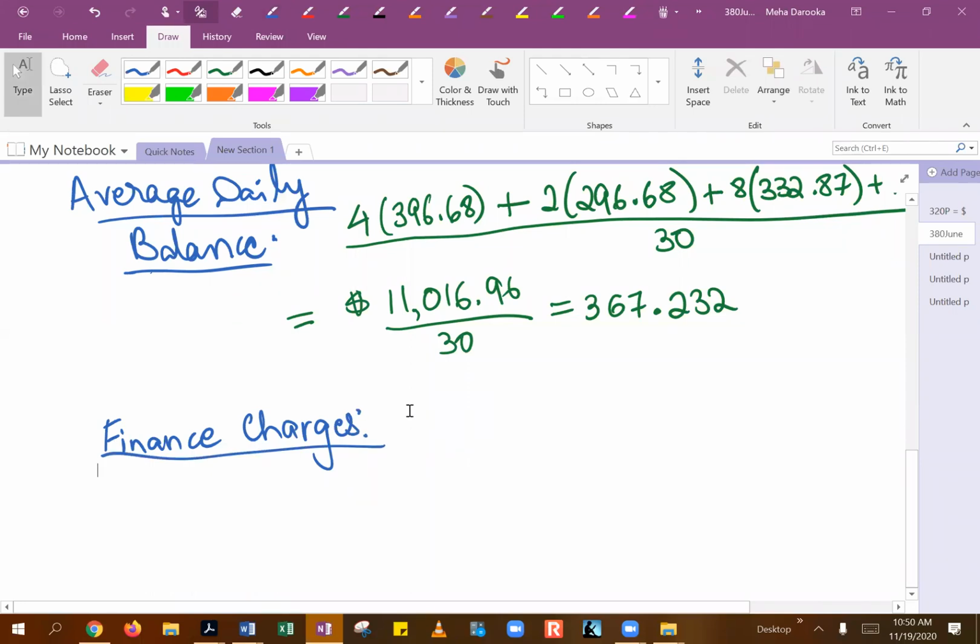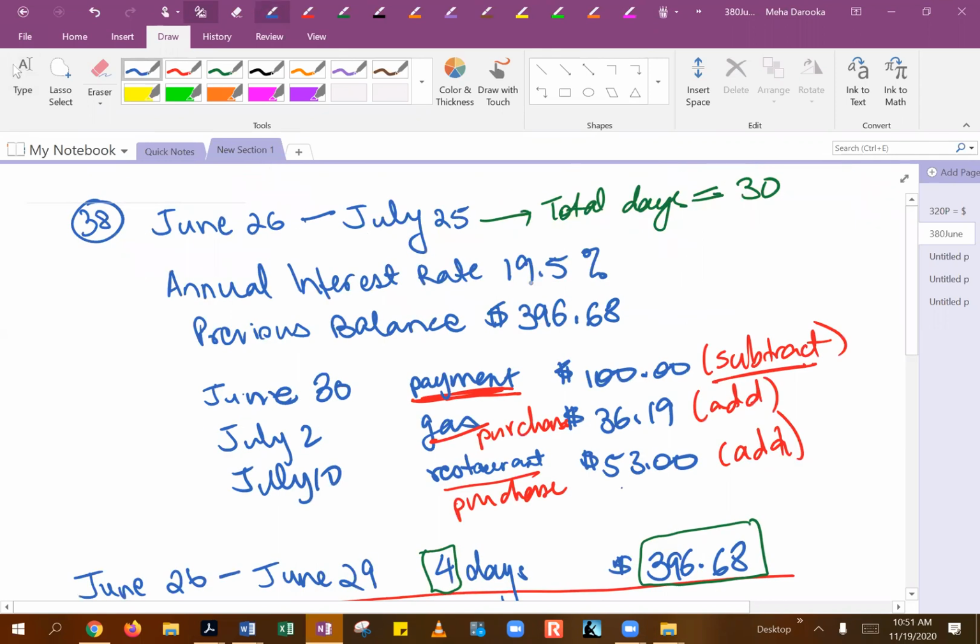our principal amount, and again, remember this kind of acts like the loan amount that you've taken from the credit card company, is going to be 367.232, and you are actually going to keep all your decimals. So don't round your answer over here. Our rate of interest, remember they gave us 19.5% as our annual rate of interest.